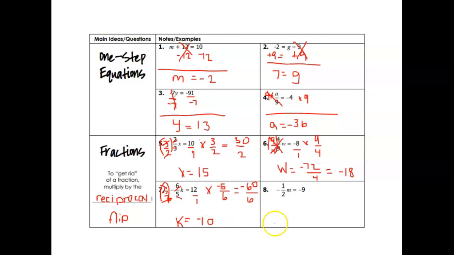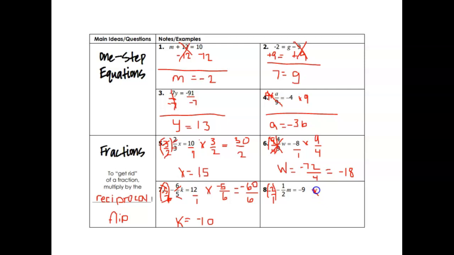All right, the last one, guys, again, you're going to be multiplying by the reciprocal. I see a negative 1/2, right? So I'm going to multiply this by negative 2 over 1, the flip of the fraction. Okay, so I got to multiply one side, I got to do it to the other side.